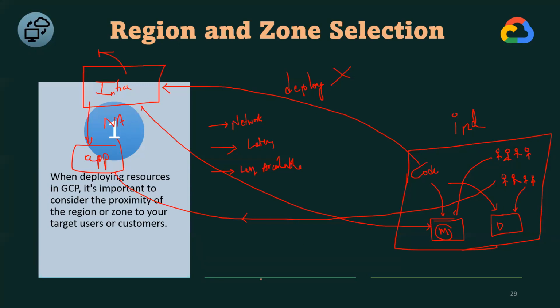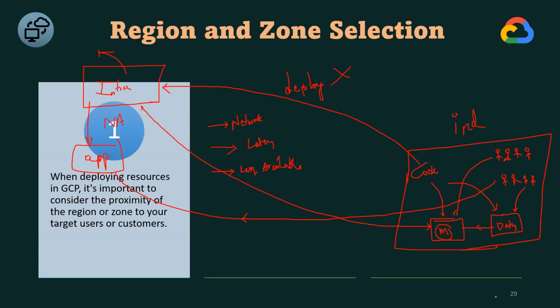If you are trying to move the data over the network, it takes a lot of time. So to decrease this network latency, if you have your application here and the data also here, then it's easy to manage.